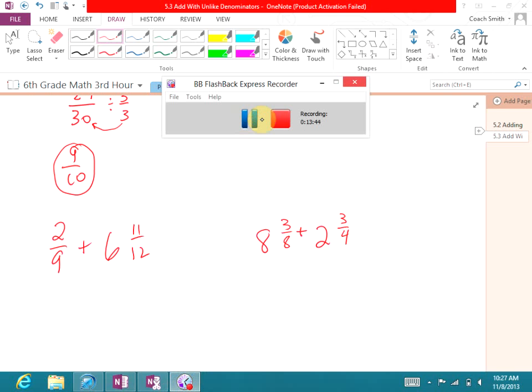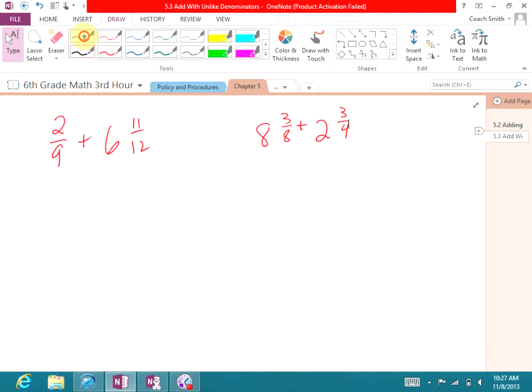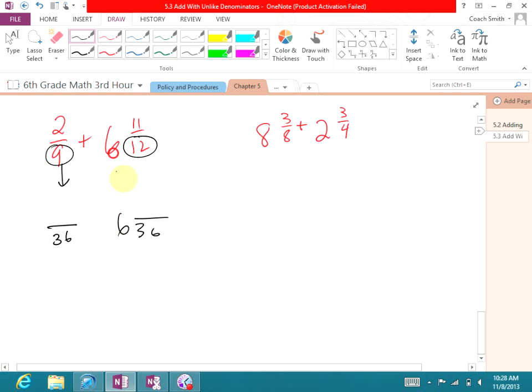Okay, the first one. The first one here, you got to find a common denominator between 12 and 9. And that is 36. Okay? So, I'm going to create a fraction with 36 on the bottom for both of these problems. Your 6 just comes down, your addition sign just comes down.